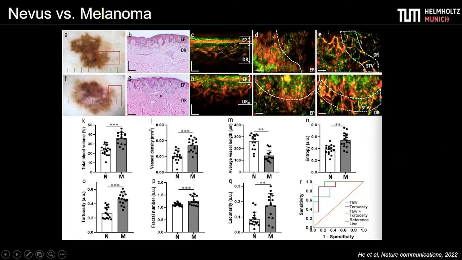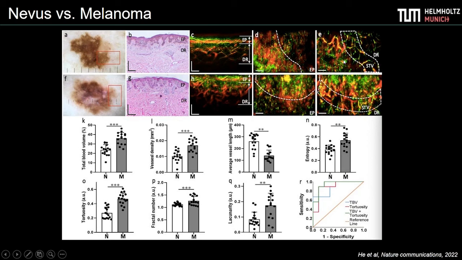And then we did a comparison study. We measured 10 patients with benign nevus and 10 patients with melanoma. We acquired 17 lesions from both groups. The first row is an example of a nevus, and the second row is from a melanoma. And here's a cross-section image.